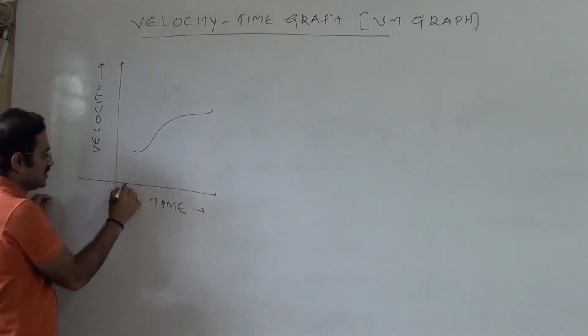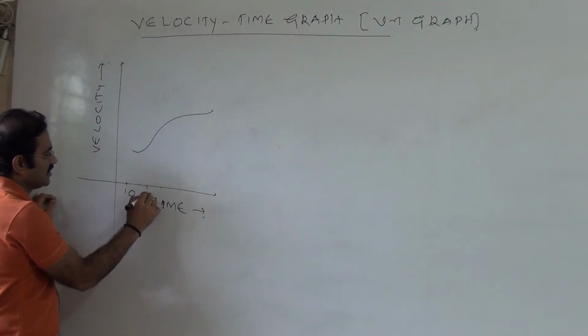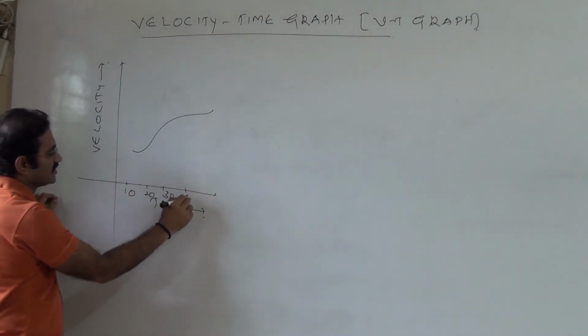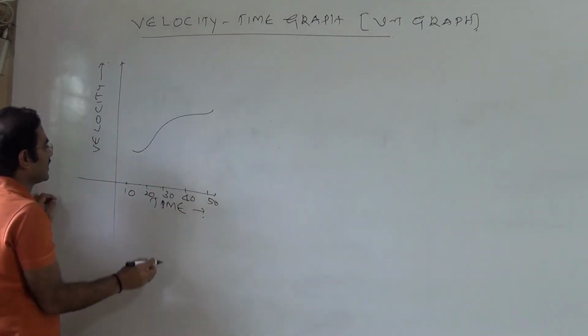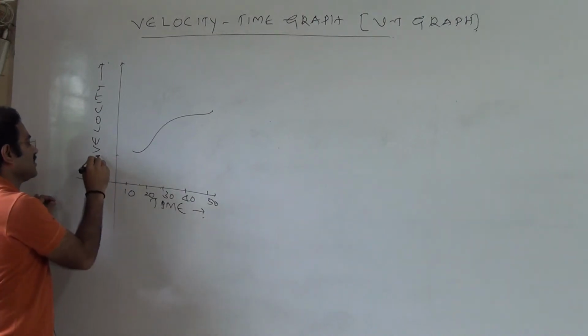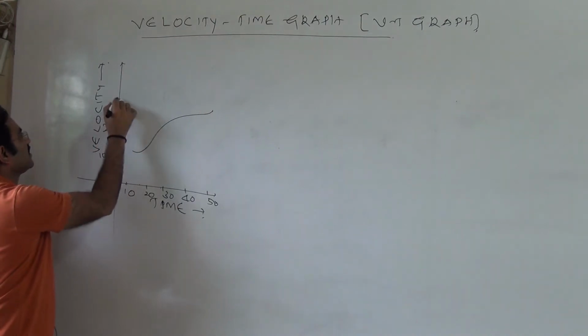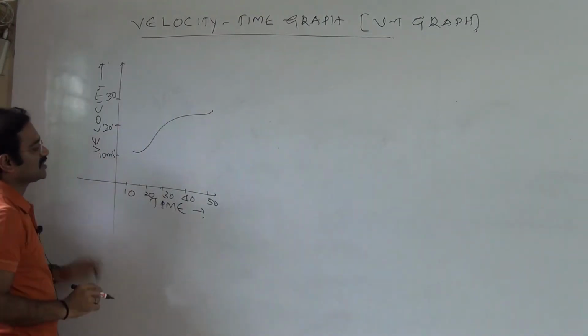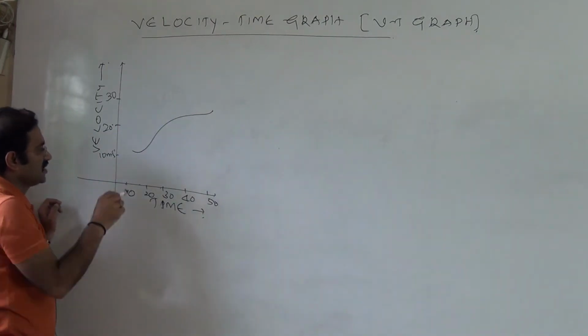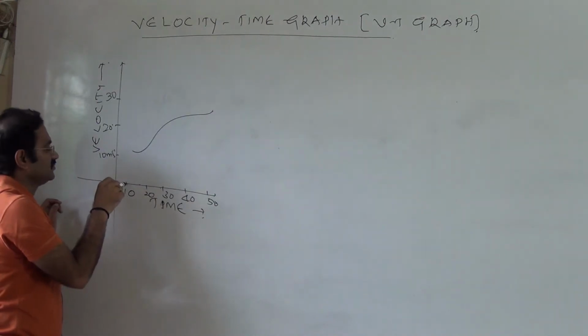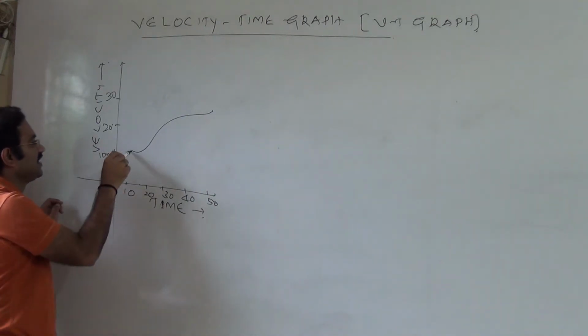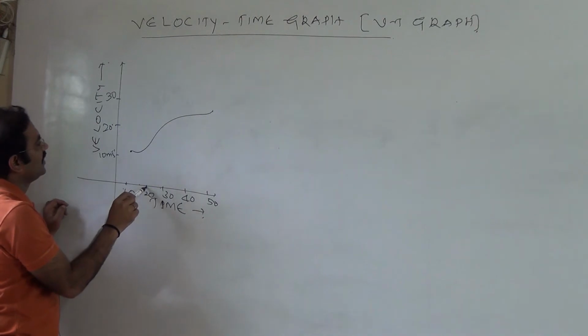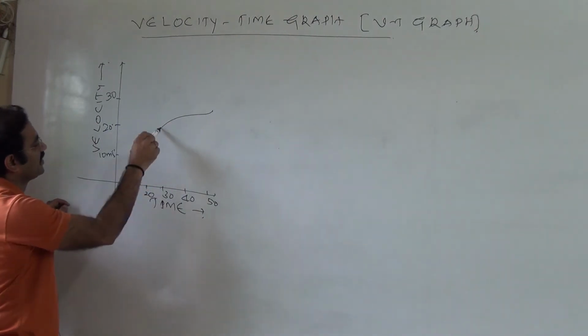For example, here you write 10 seconds, 20 seconds, 30 seconds, 40 seconds, 50 seconds. Here I write say 10 meters per second, 20 meters per second, 30 meters per second, 40 meters per second, like that. After 10 seconds its speed is 10. After 20 the speed is how much? 23.